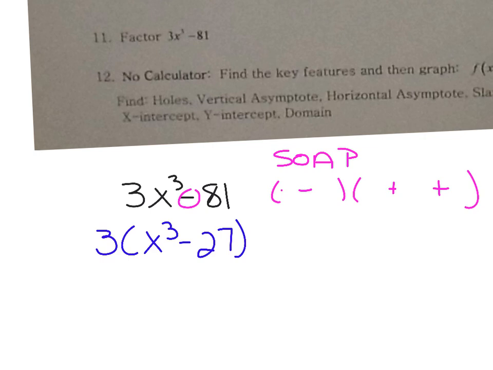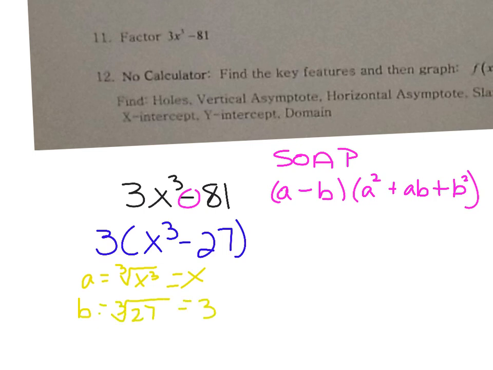So it's going to be A, B, and then it's A squared, B squared at the ends of the big one, and in the middle is A times B. All right, so now you have to get your A and your B. Your A comes from the cube root of x cubed, which is x, so there's your A. Your B is the cube root of 27, which is 3.